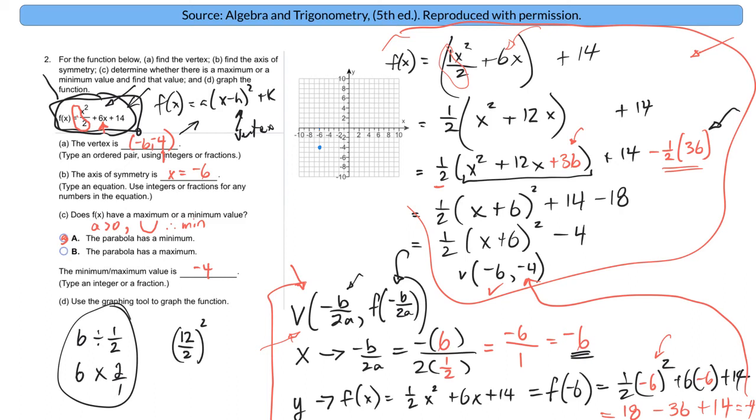One last thing to help me figure out how skinny or fat this should be is this last number, when it's written in that form, is the y-intercept. So if I go up to about here, that's where it has to cross the y-axis. So when I make my parabola, I'm going to have it going up like that, and the left side should look something similar to that. Okay, hopefully that helps you with that one.